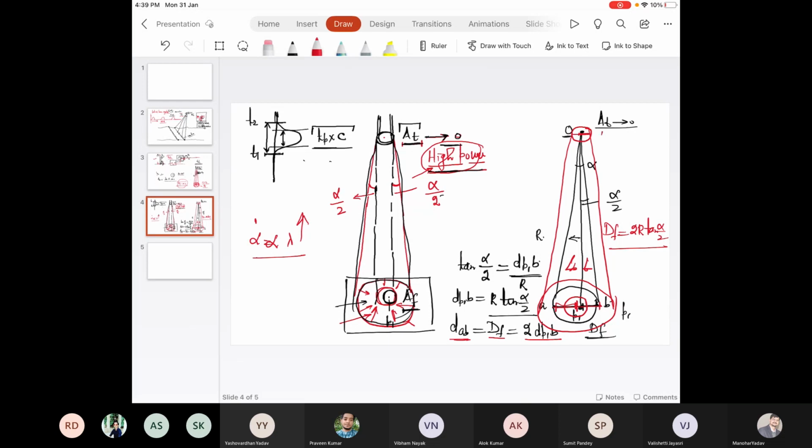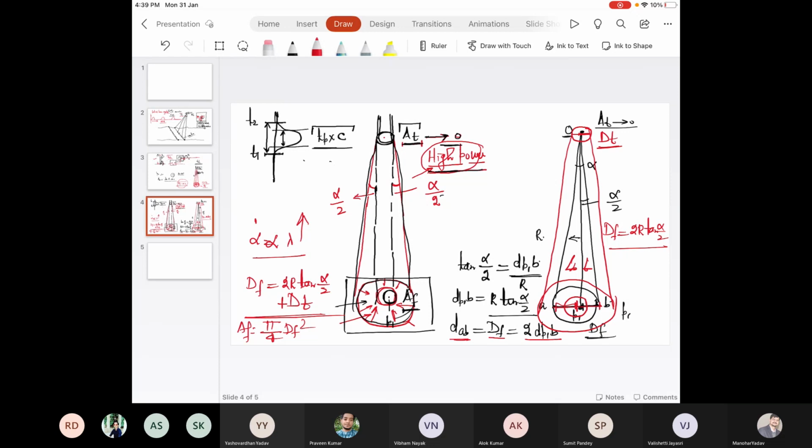Let's say this is diameter DT, the transmitter diameter. So DF will now be 2R tan alpha by 2 plus DT. So this is the diameter, and the area of the footprint can be calculated as pi by 4 DF square.